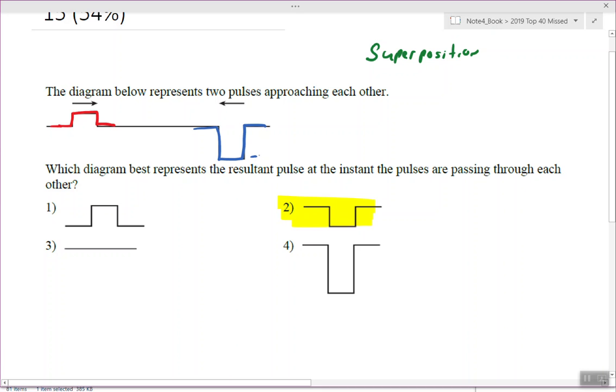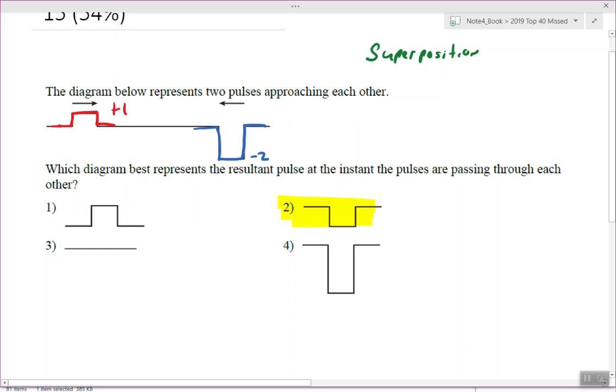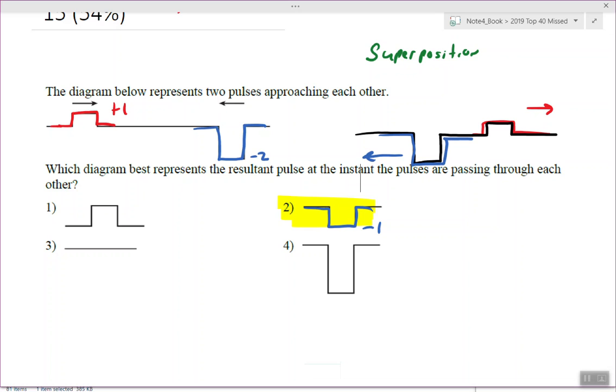So the blue pulse is kind of like -2, and the red pulse is kind of like +1. So this is what we're going to get when you add those two together. This is going to be kind of like -1. Also worth noting that these two pulses are going to pass through one another. They don't bounce or stop or anything like that. But the answer to this question, choice 2.